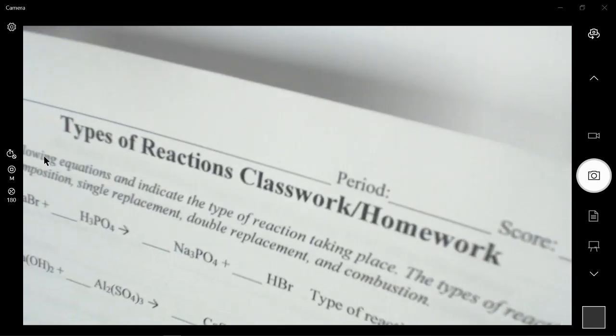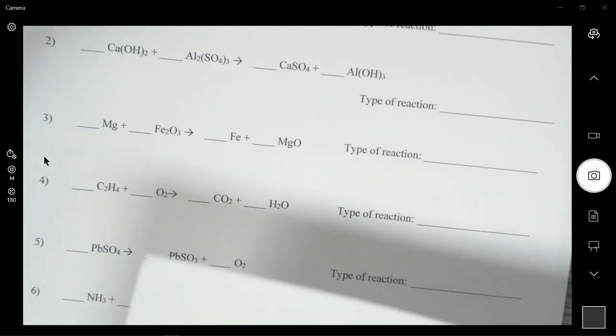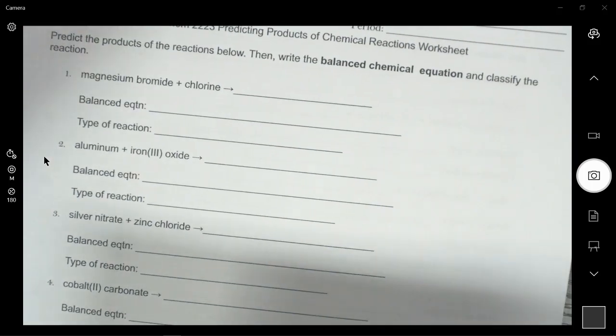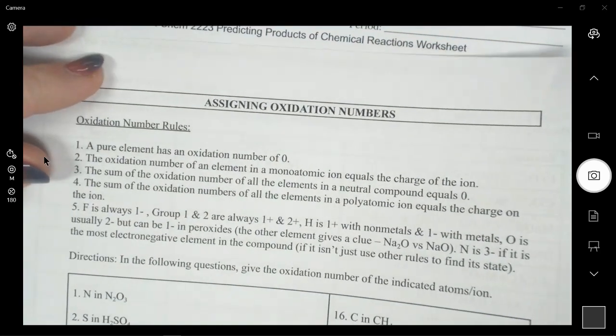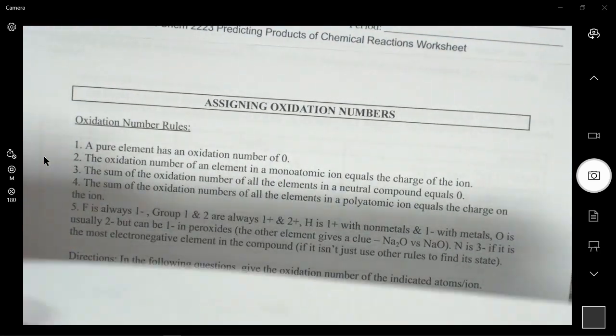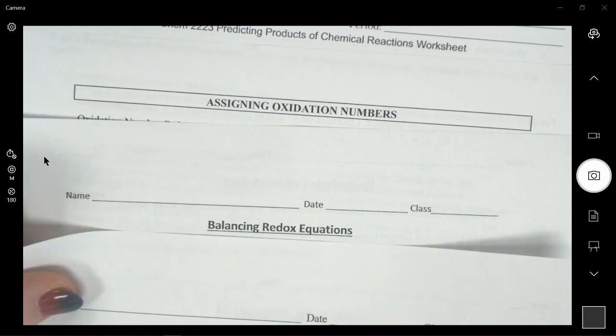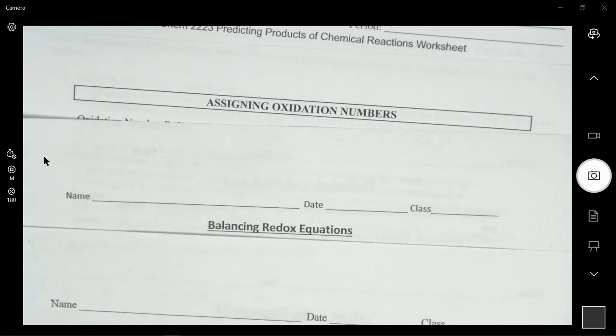If you are not sure what they are, you have this one, this one, this one, this one, this one.